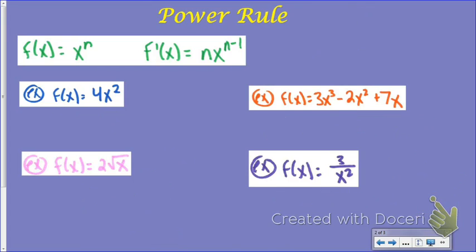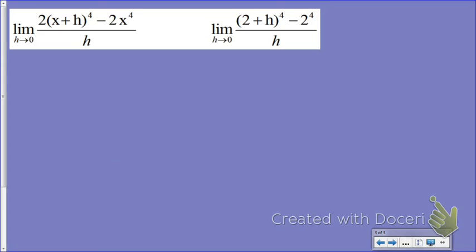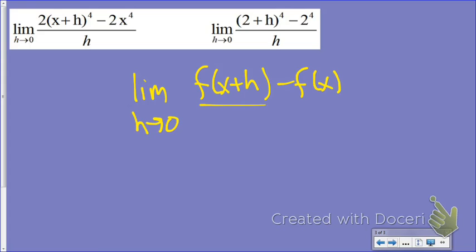Alright, the last thing the power rule can help me with is when I have a limit definition written down, if you can recognize that it is a derivative. We know the limit definition of derivative is the limit as h approaches 0 of f of x plus h minus f of x all divided by h. If I see something that looks like this with a certain function, I can figure out what that derivative is.